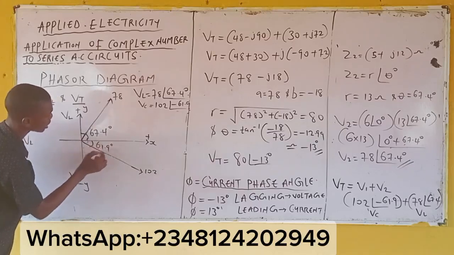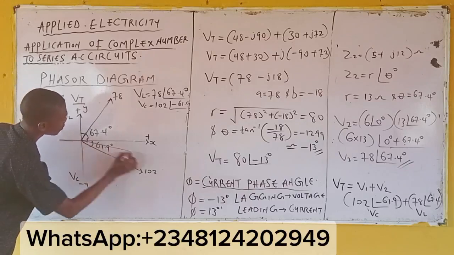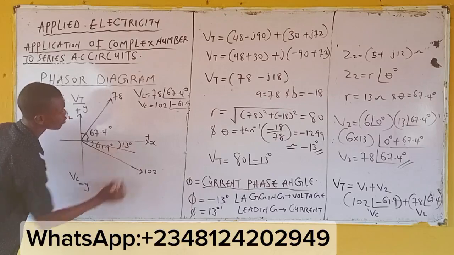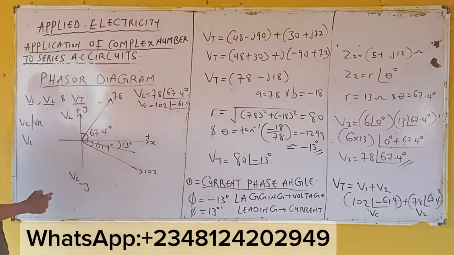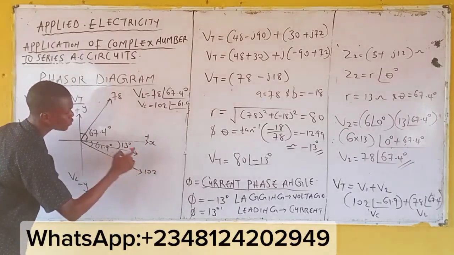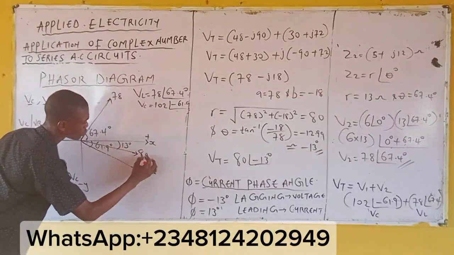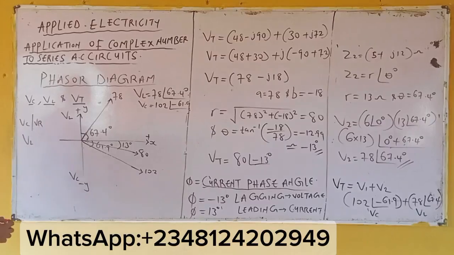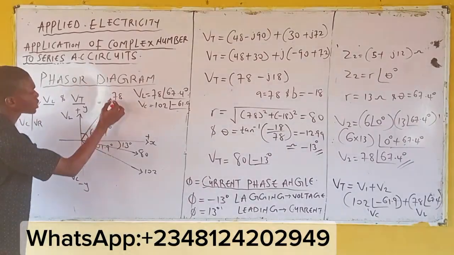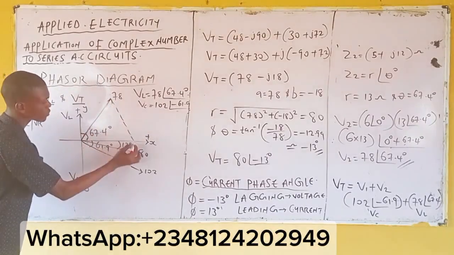If this is 61.9 degree, then negative 13 means 13 degree. What's giving you 13 degree? 80. 80 is giving you 13 degrees. So indicate. Now from here, your last step is to join these points together.